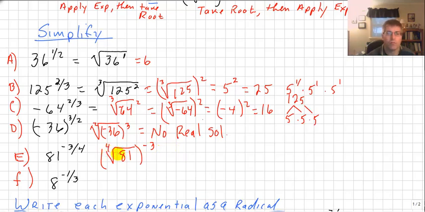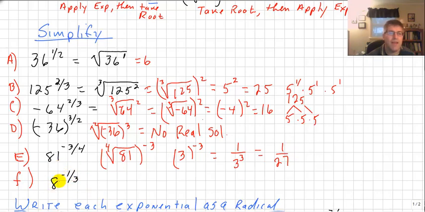The 4th root of 81 is 3, so we get 3 to the negative 3rd. If we remember our laws of exponents, this is the equivalent of 1 over 3 cubed. A negative exponent in the numerator becomes positive in the denominator, and 3 cubed is 27. So our final answer here is 1 over 27.